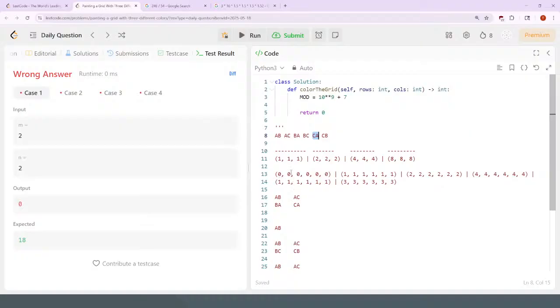If it's a BA, then it's a BA here, then if I have A, B here, A here, B here, then I know A has to be here, and I know something that's not B has to be here.